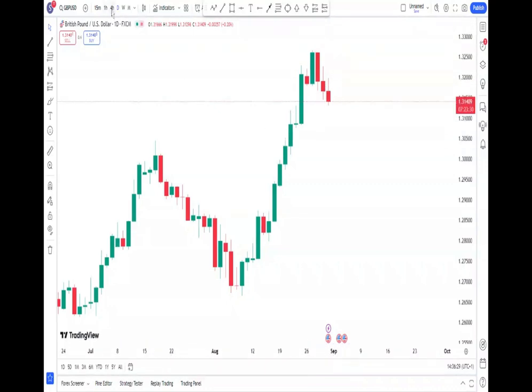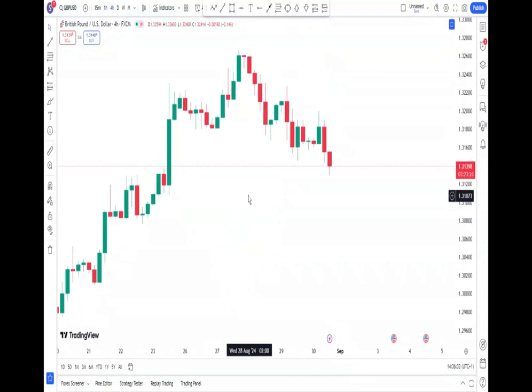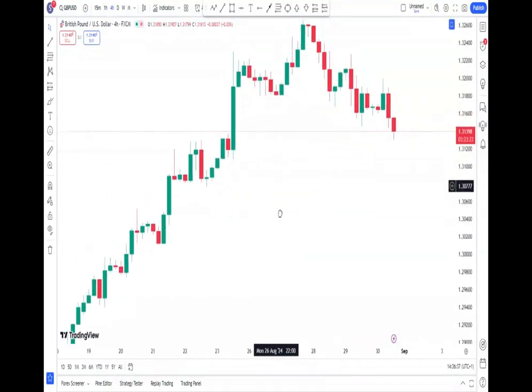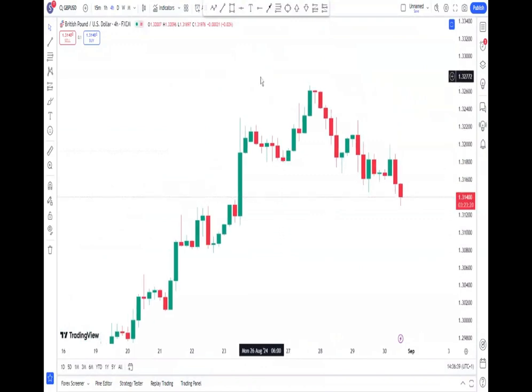So by the time I switch back to 4 hours, you will see there are changes in the formation of the candlesticks. Presently we are on the 4 hour time frame.